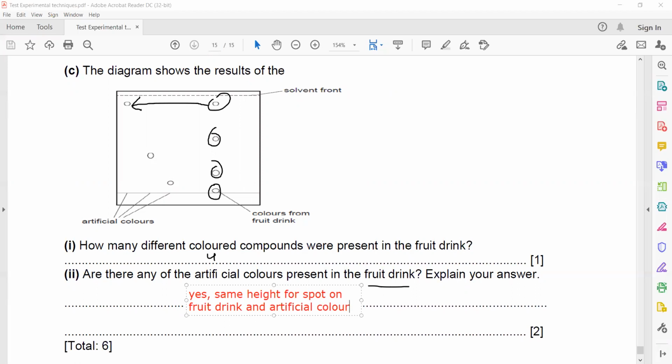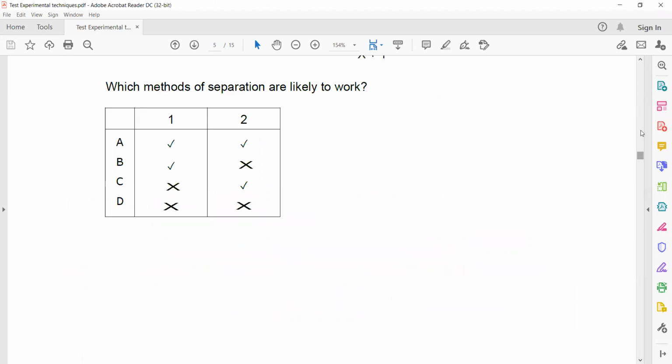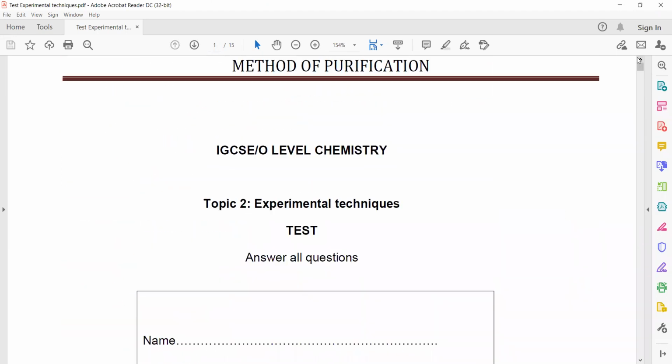So one of the artificial colors and the fruit drink have the same spot, same height, or you can also say same RF value. So that's why it is also present in this fruit drink. So this was the test related to the topic experimental technique.